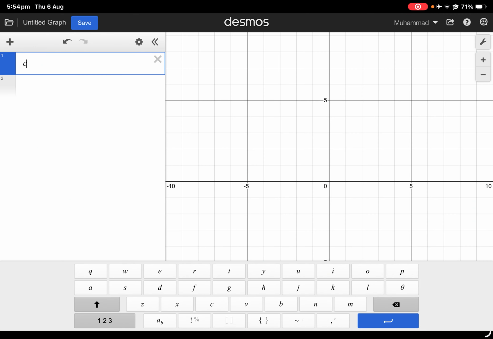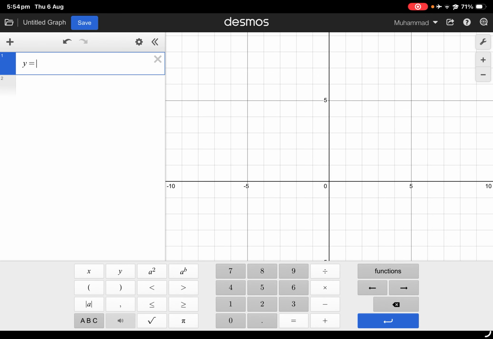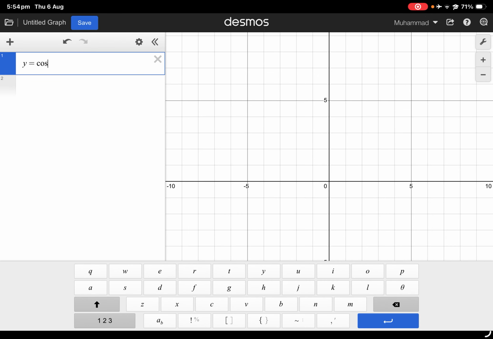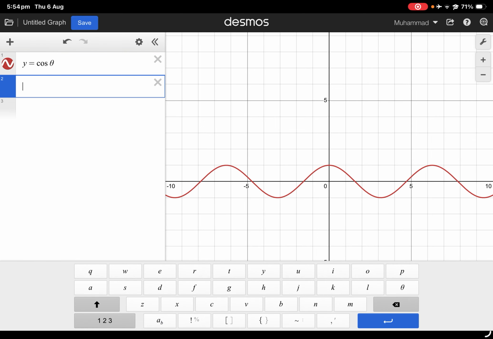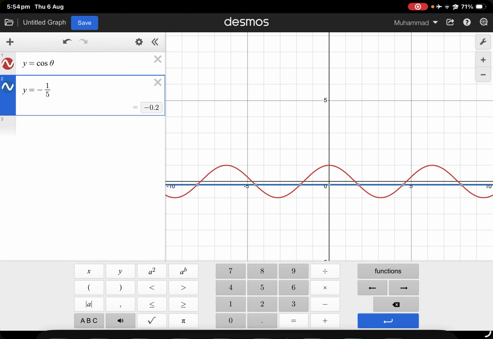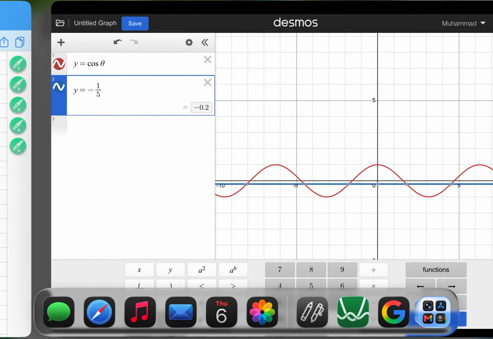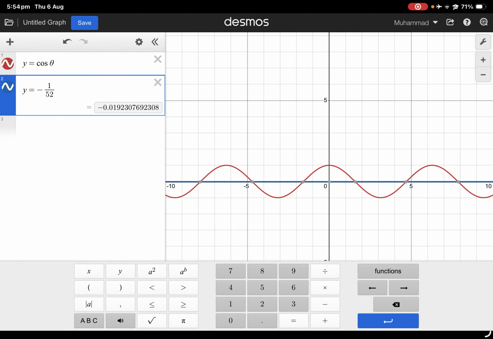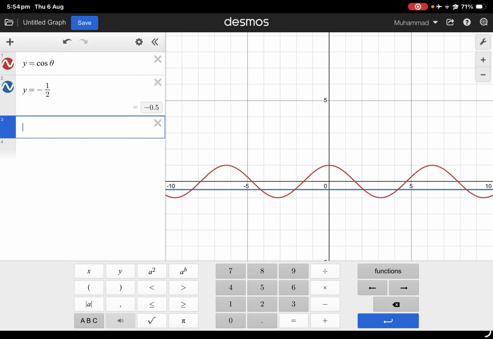So I could type, let's say, y is equal to cos theta, and then I could type y equals minus 1 over 2, that's a negative, and then y is equal to 1/5.